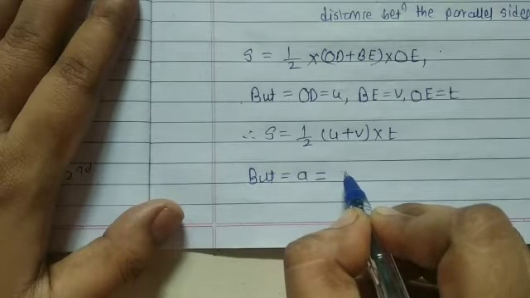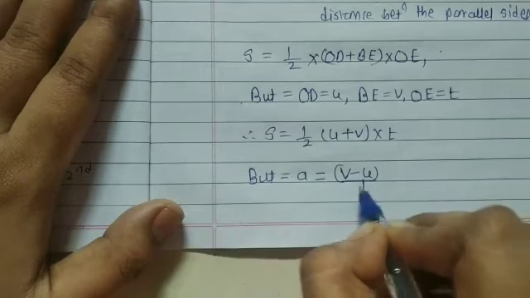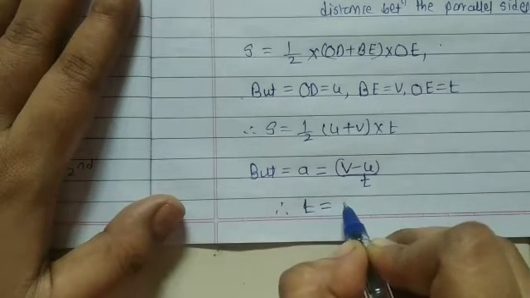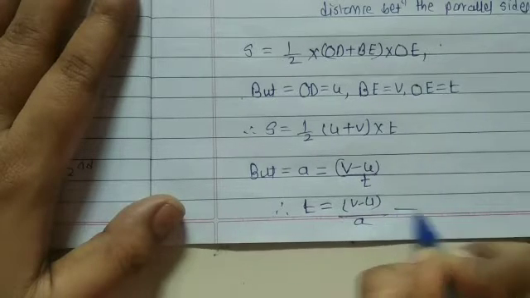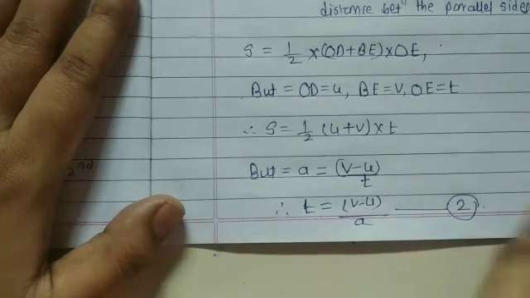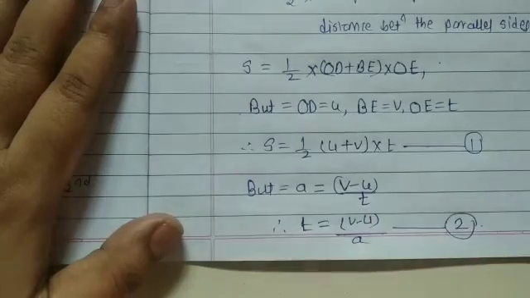So acceleration is equal to V minus U upon T. Therefore, T is equal to V minus U upon A. That is equation number 2, and the earlier one is equation number 1.